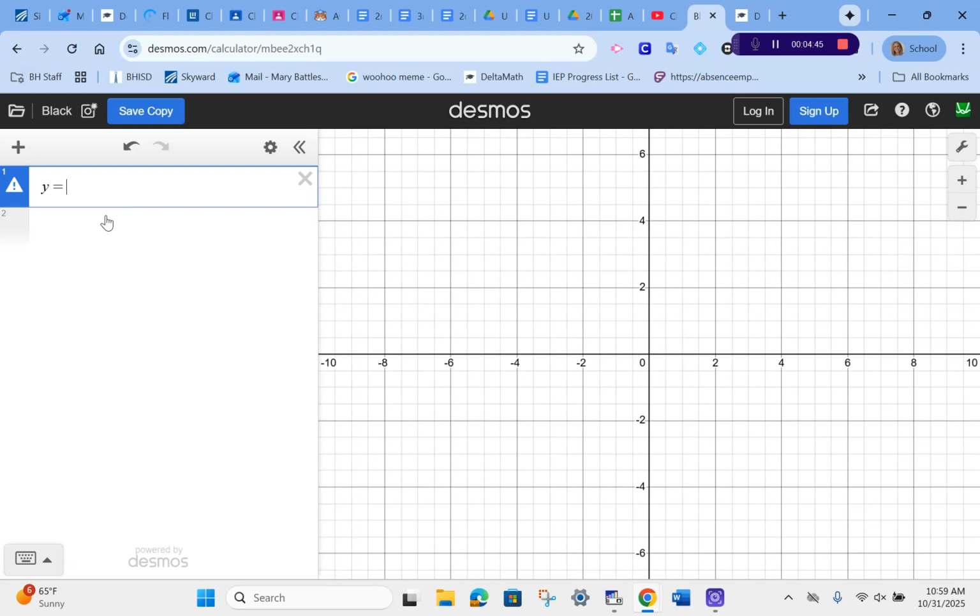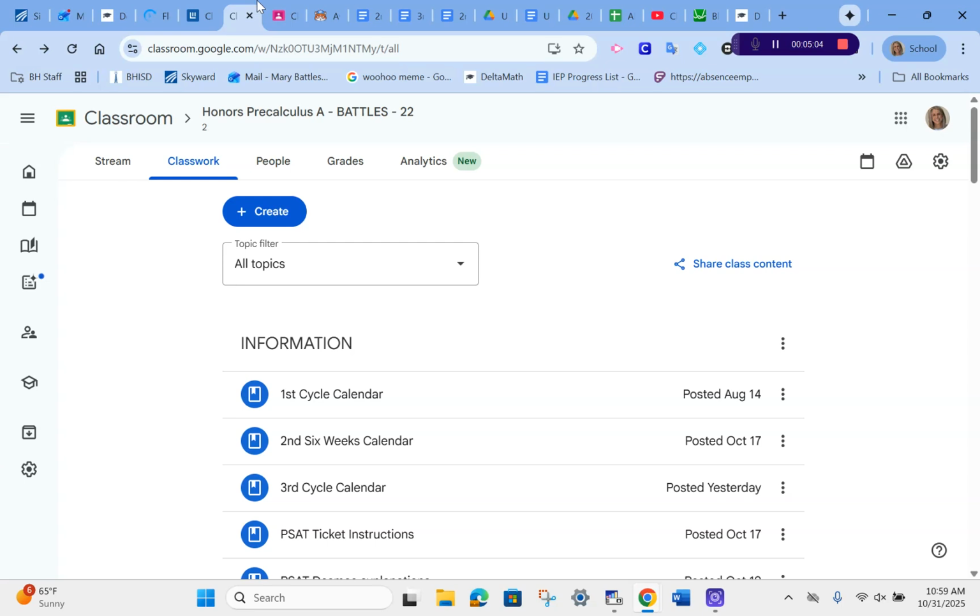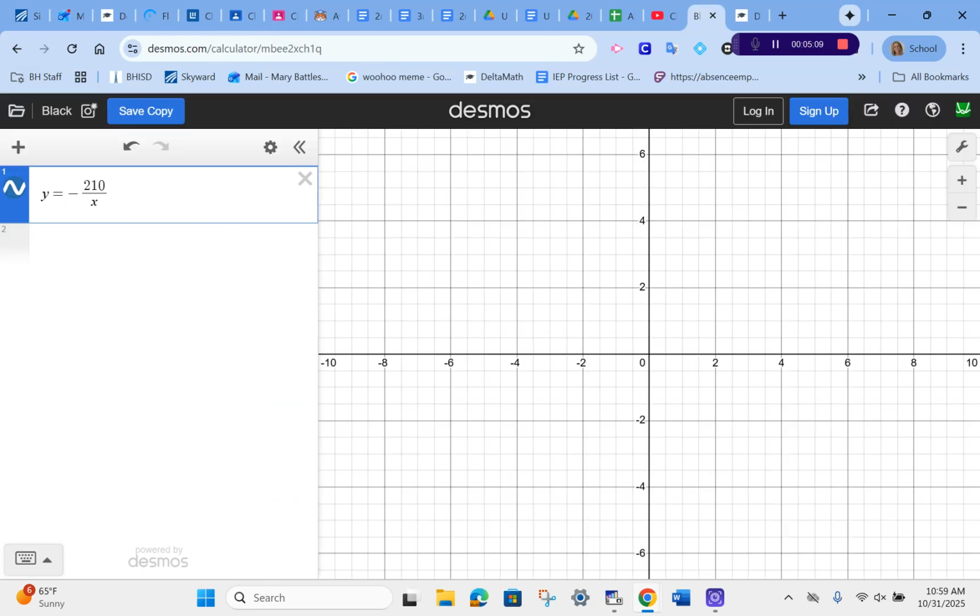Y equals this value, negative 210, our top value, divided by x, arrow out, and then we have to add an x. X plus x. So it'll look like this.